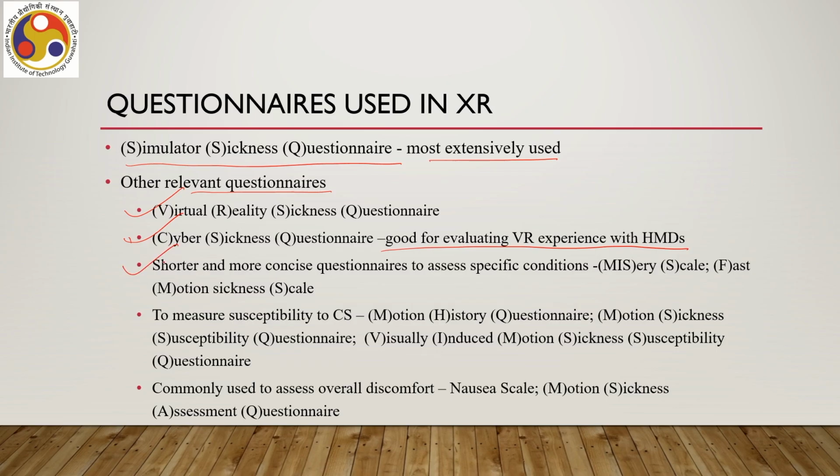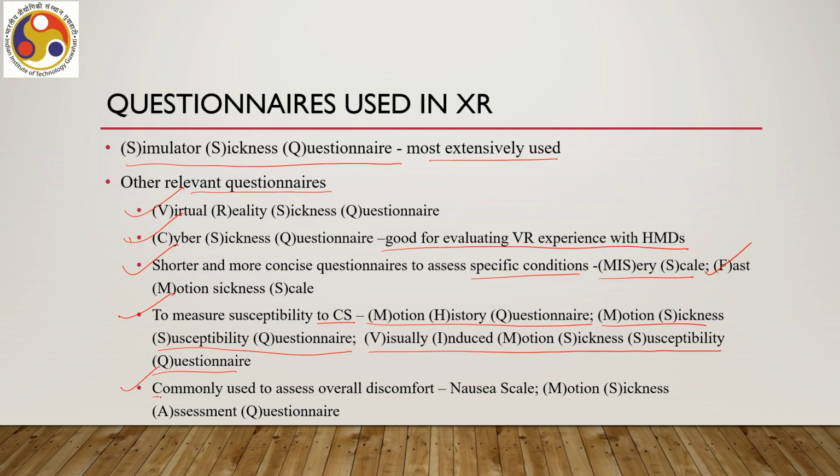Shorter and more concise questionnaires are there to assess specific conditions such as the misery scale or MIS and the fast motion sickness scale or FMS. We can also measure susceptibility to CS using the motion history questionnaire MHQ, the motion sickness susceptibility questionnaire MSSQ, and the visually induced motion sickness susceptibility questionnaire VIMS-SQ.